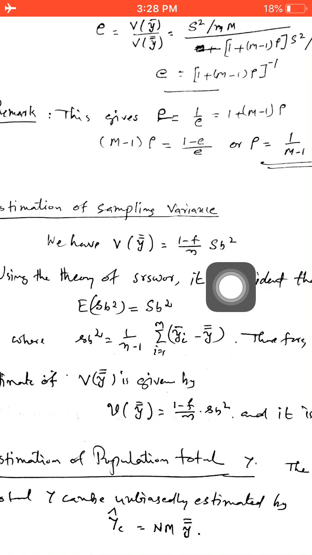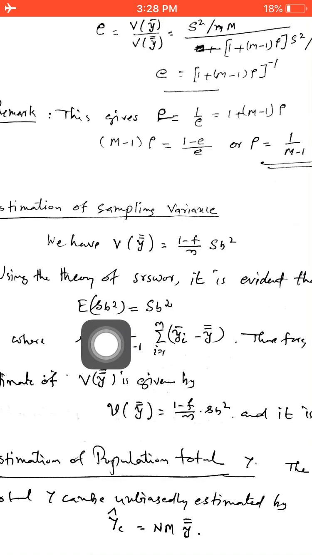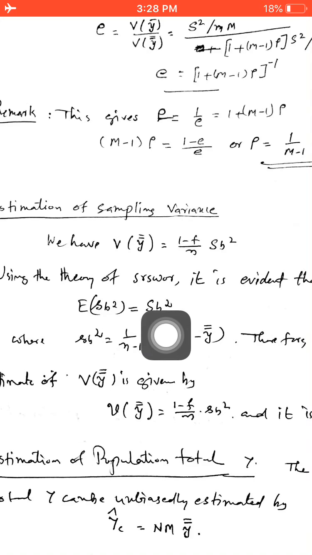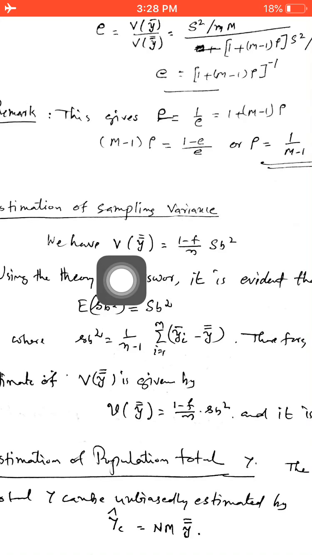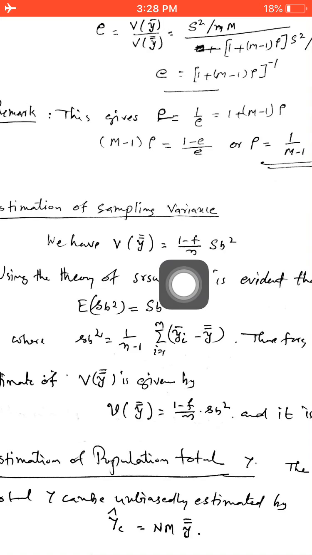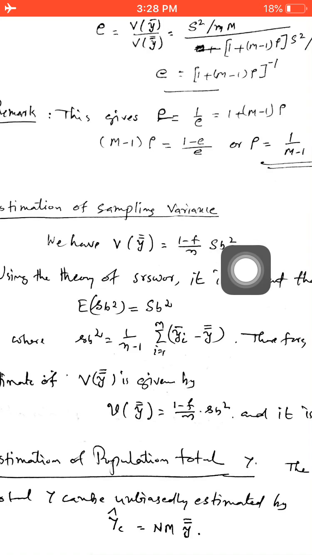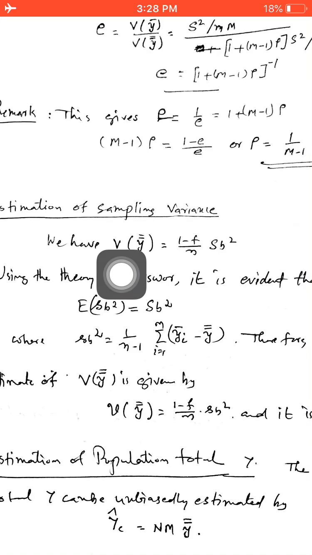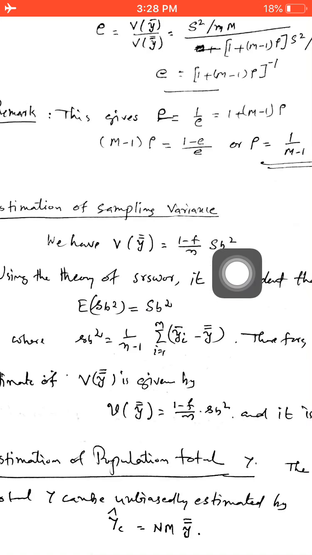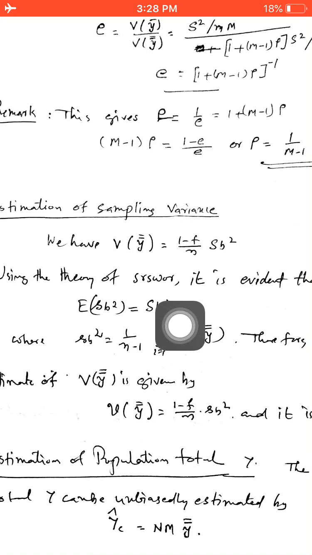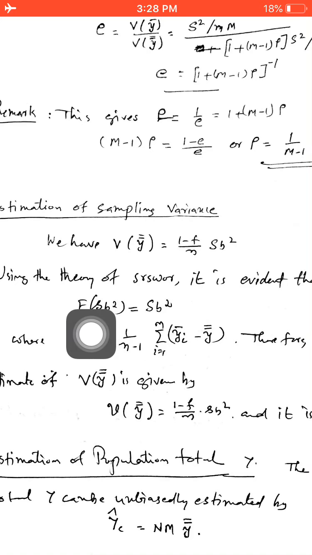Okay, so the same theory you can extend here, so that the expectation of small SB square equals capital SB square. Okay, so in this expression variance of y double bar equals 1 minus f by n into SB square, for making an unbiased estimate of this variance, this capital SB square can be replaced by its unbiased estimator small SB square.